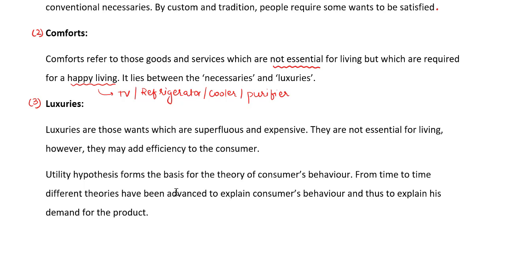It lies between the necessaries and luxuries. It is not so expensive, so it's not luxury. It is something more than necessaries, required in your daily life to maintain the standard of living. A decent car could be an example.